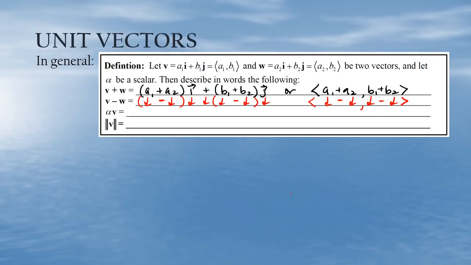All right, and then the third line, a scalar times a vector. What do we do with that? Well, we multiply. So I would take whatever that scalar is, and I would multiply it by the parts or the components of the vector. So I've got my A sub 1, and I've got my B sub 1.